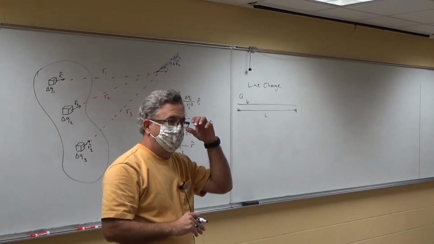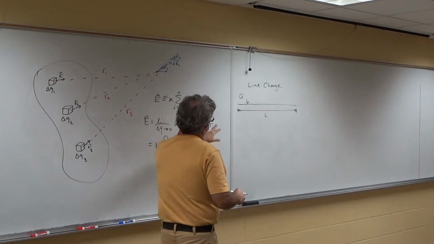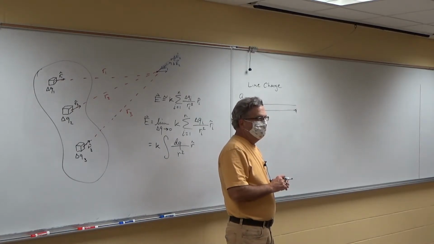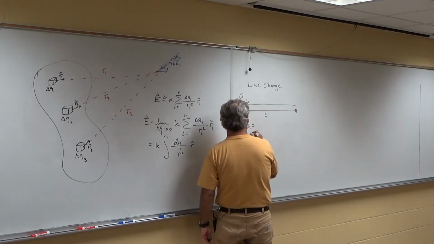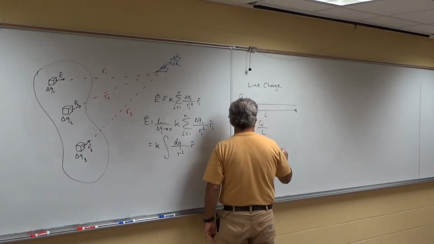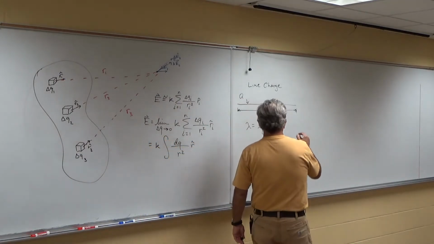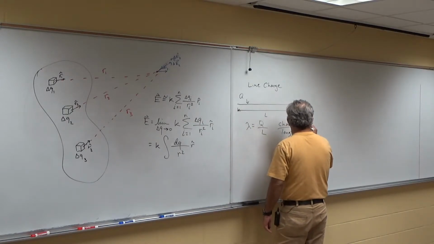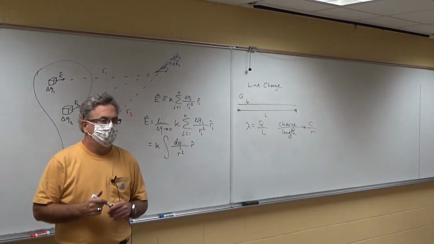It doesn't have to be, but in this simple case, this total charge Q is evenly distributed along this line of length L. The charge density, lambda, is Q divided by L. This is charge per unit length, and this is coulombs per meter.